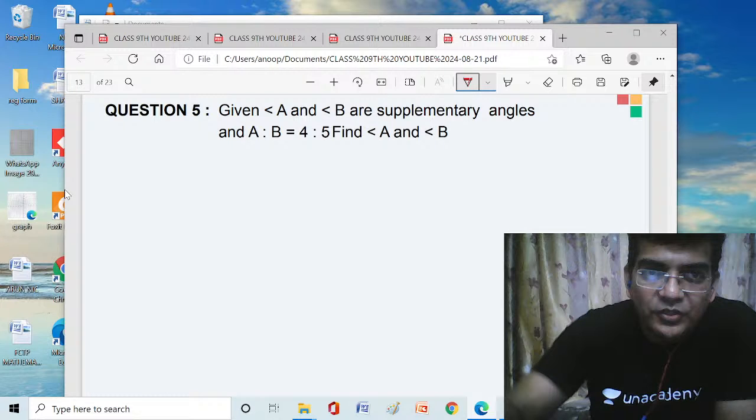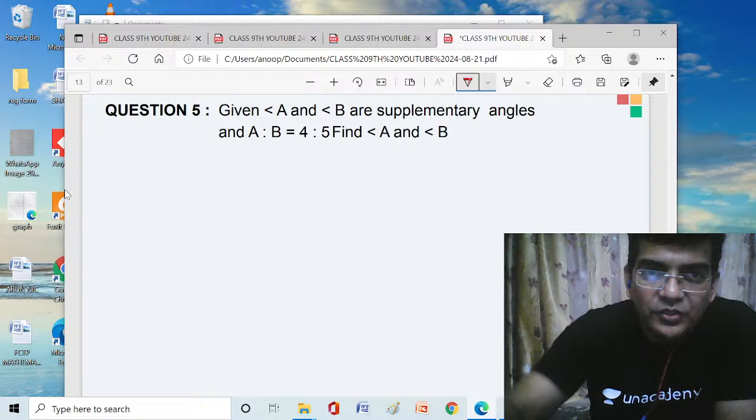So I can say angle A is equal to 4k and angle B is equal to 5k. Okay, now the question says that A and B are supplementary angles.